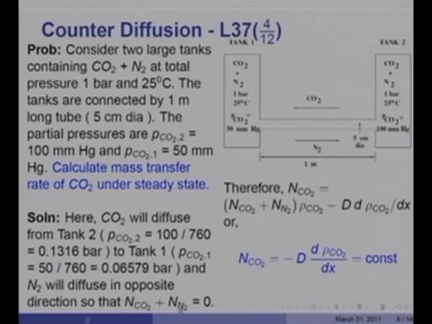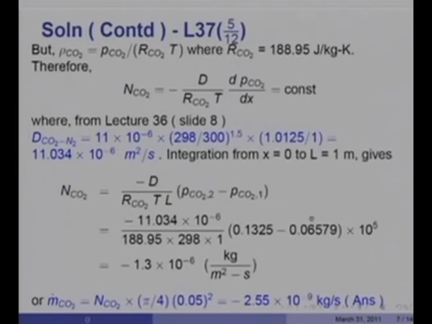So, that N CO2 plus N N2 will be 0, and as you will recall from our diffusion model, N CO2 is N total rho CO2 minus D d rho CO2 by dx, and since this quantity is 0, we get N CO2 would be simply minus D into d rho CO2 by dx, equal to constant. So, now this equation must be integrated, of course, to obtain our formula.